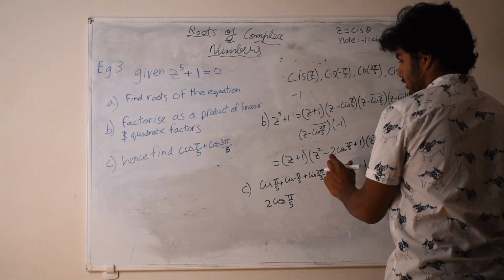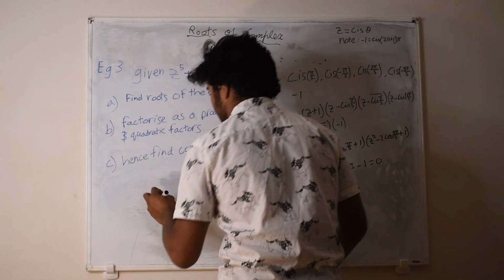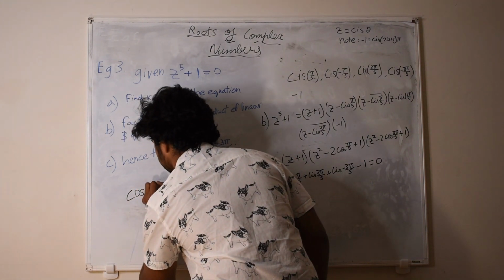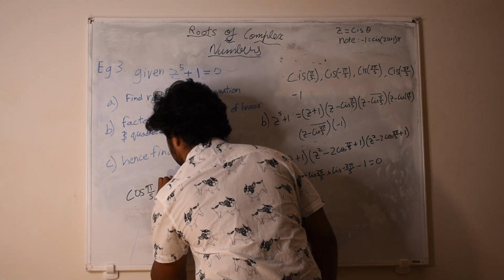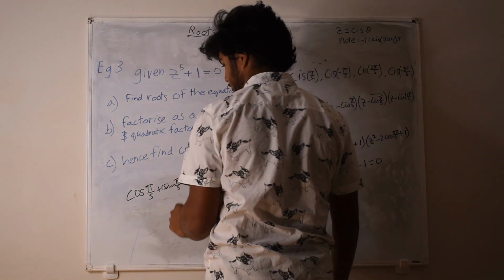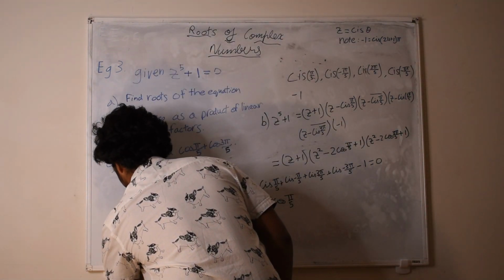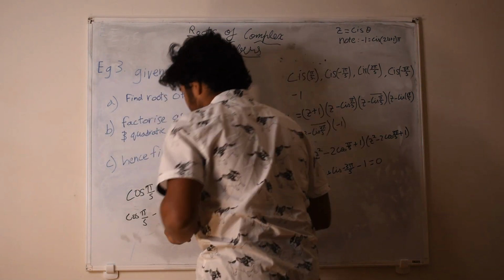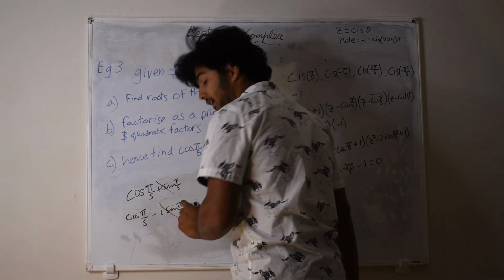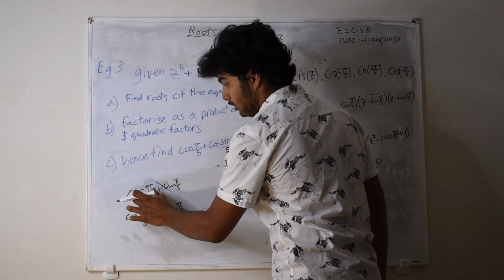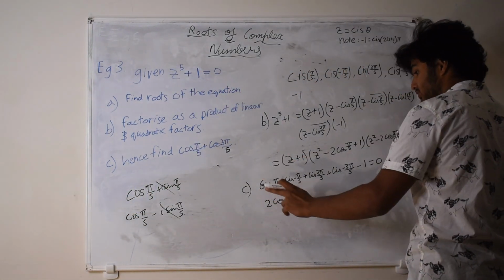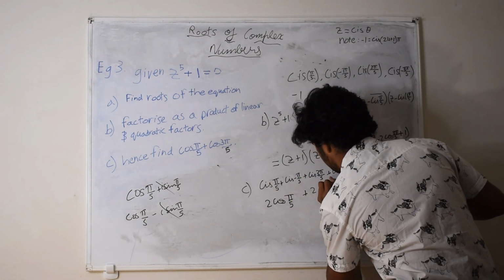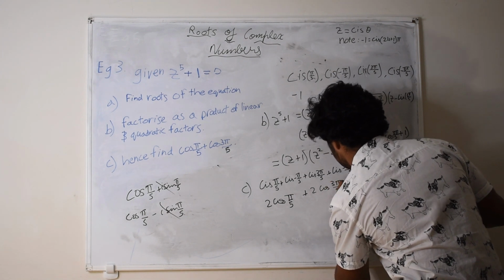Same thing for here. I'll just quickly explain what I mean by that. We can expand this. Cos pi on 5 plus i sine pi on 5. Conjugate at the bottom, cos pi on 5 minus i sine pi on 5. When we add these two together, the sine terms cancel out, which leaves me 2 cos pi on 5, same thing over here, plus 2 cos 3 pi on 5 equals 1.